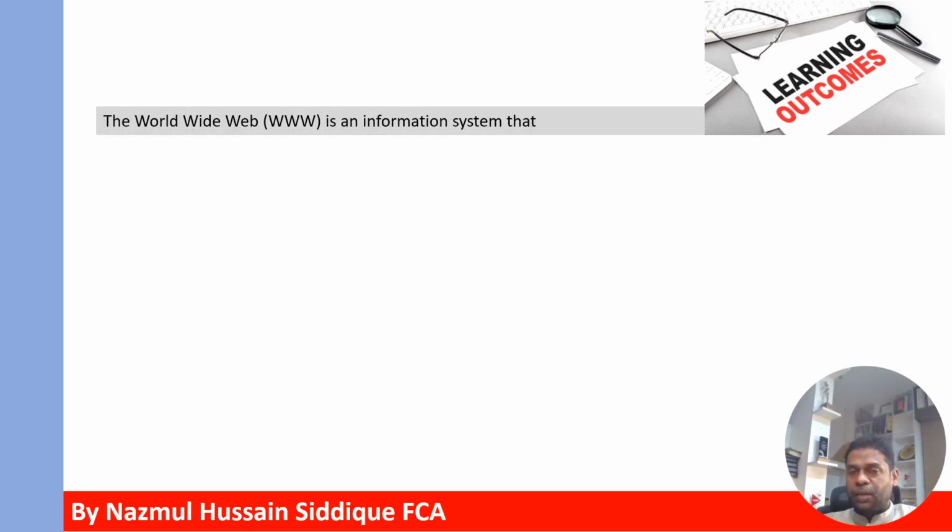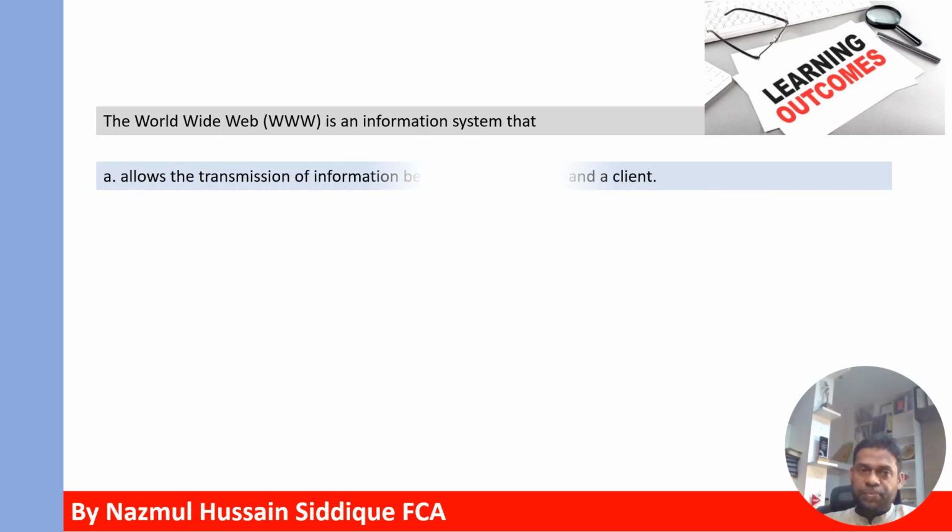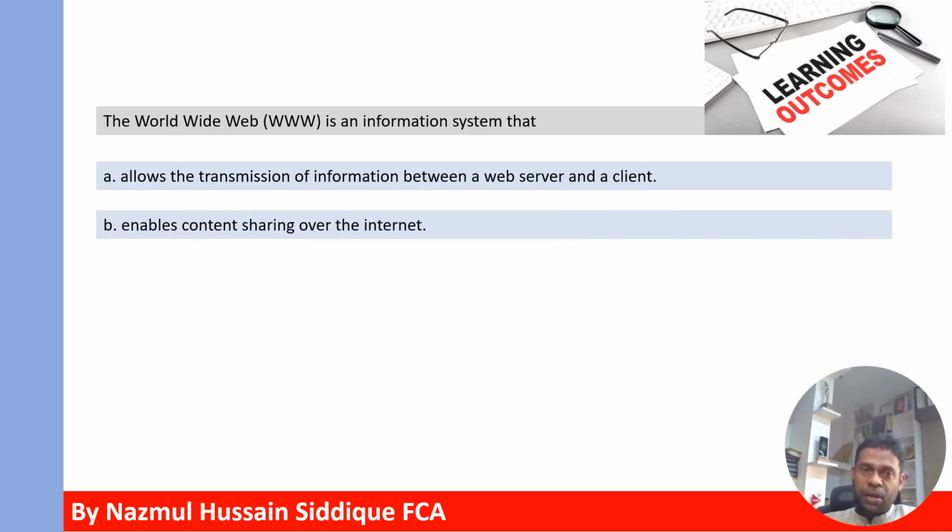Next question. The World Wide Web, WWW, is an information system that allows the transmission of information between a web server and a client, or www is an information system that enables content sharing over the internet. Which one is correct answer?